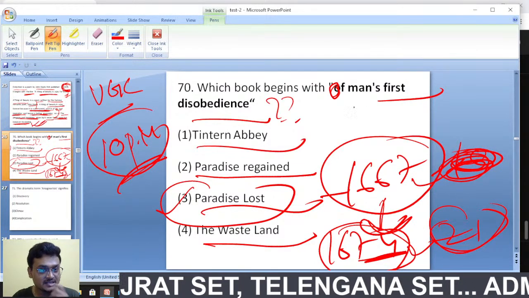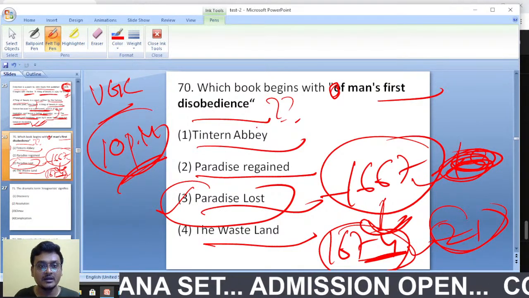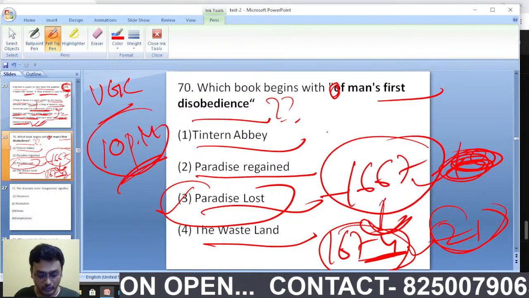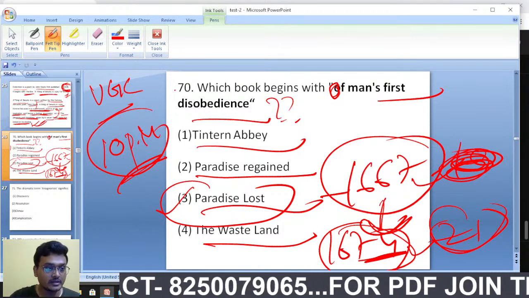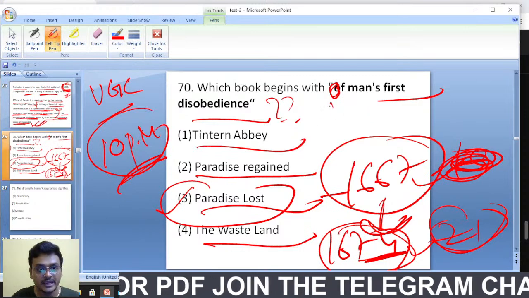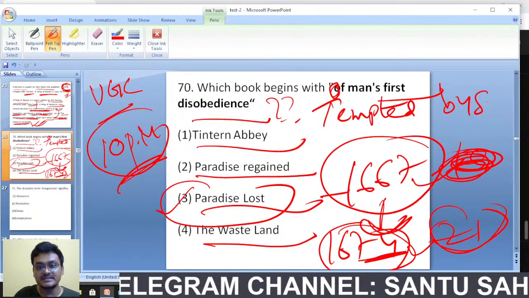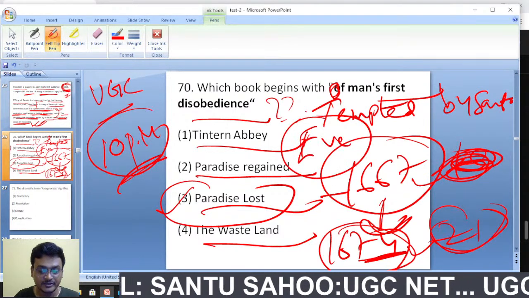And here you see, this is man's first disobedience. What was the disobedience? Tempted by Satan, it was Eve who ate the forbidden fruit from the tree of knowledge.